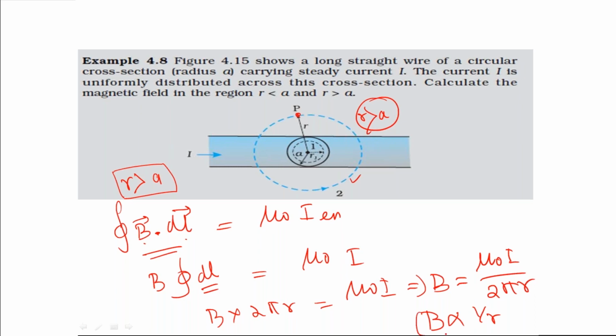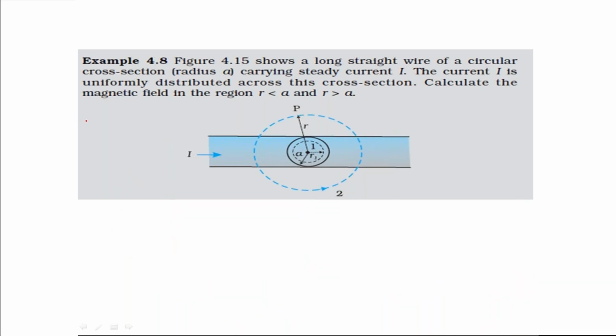B is proportional to 1 by R. You have understood this now. The first result is B at r greater than a is mu naught I by 2 pi r.